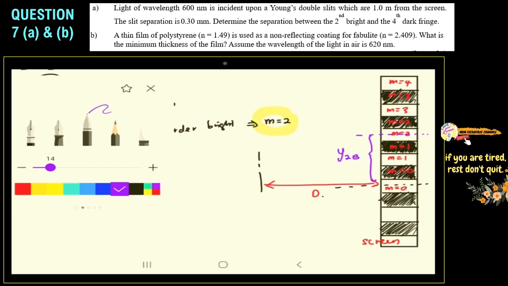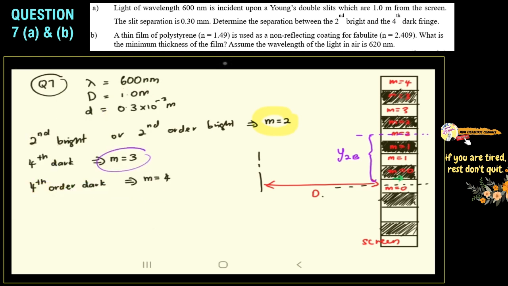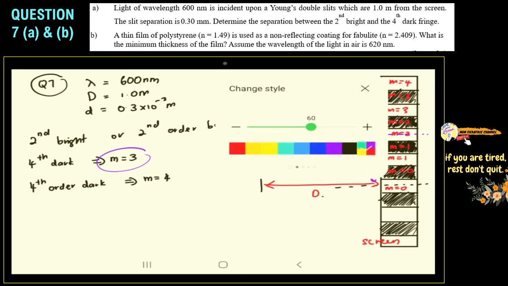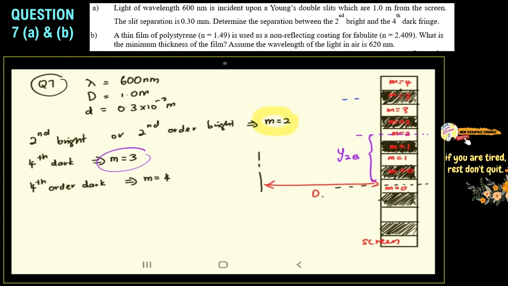Now we want to draw the fourth dark. Look here: 1, 2, 3, 4. So for the fourth dark, the order number is equal to 3.